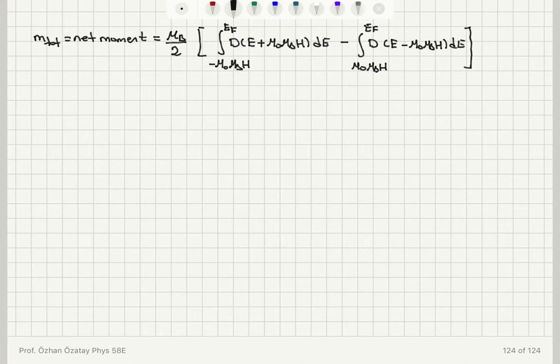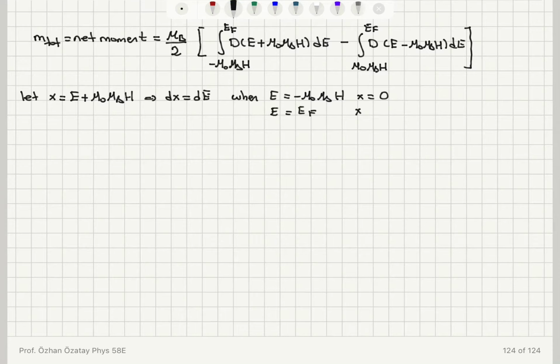So now let's have x equal to E plus mu 0 mu b h, so that dx is equal to dE, and when energy is equal to minus mu 0 mu b h, x is equal to 0. When energy is equal to E Fermi, x is equal to E Fermi plus mu 0 mu b h.